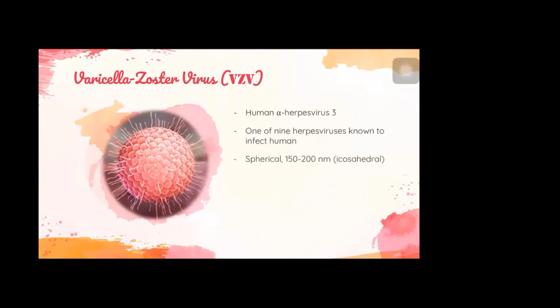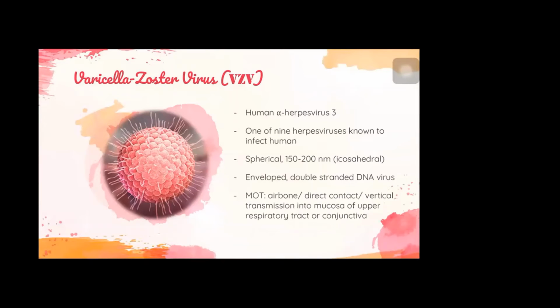It is spherical in shape and around 150 to 200 nanometers in diameter. It is an enveloped double-stranded DNA virus, and it can be transmitted through airborne or contact routes, or vertical transmission, into the mucosa of the upper respiratory tract, conjunctiva, or any skin lesion.